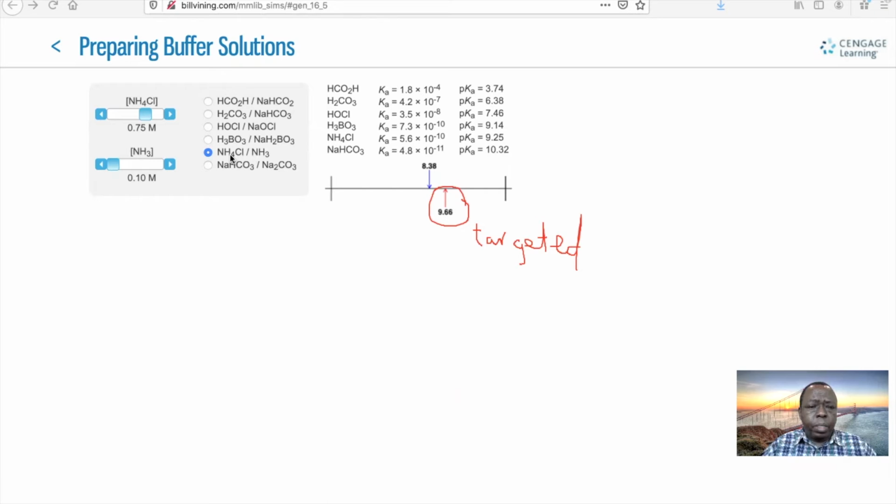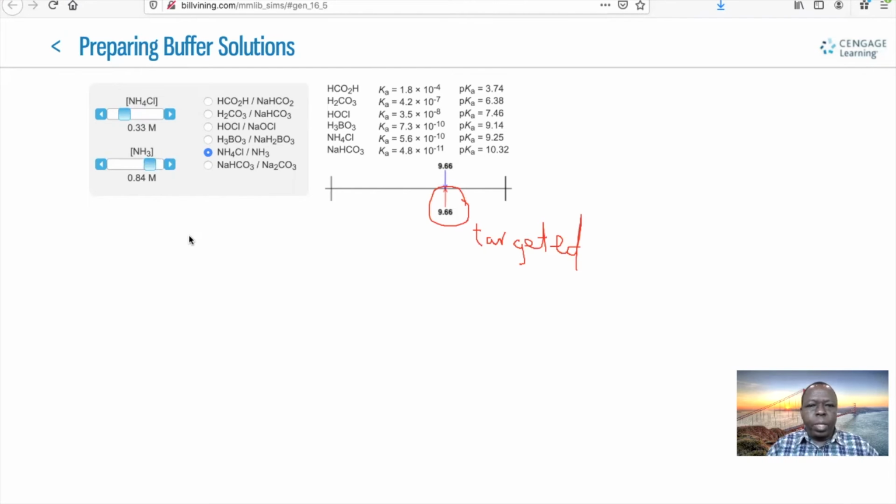This is the base, this is the acid. You should be able to see which one is the acid and which one is the base. So if this is the targeted pH, you'll have to move around this until you have 9.6. It doesn't get there. Maybe I need to move this one, and you can use this to move around until I end up with 9.6. Yeah, that is what it is.